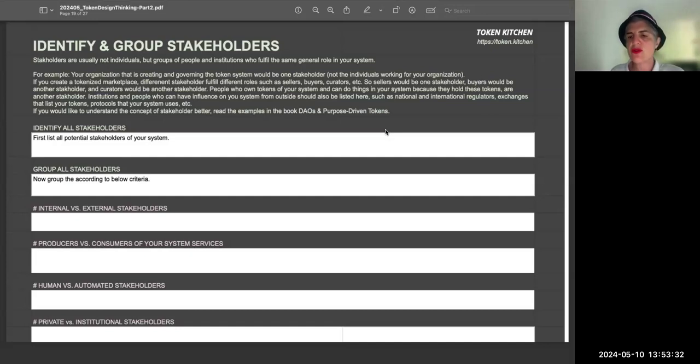And then you have the consumers of system services who consume the content of the content creators or the influencers. They're like the two sides of the marketplace that you're creating. The same would be true for a decentralized data exchange. You would have the data owners who are the producers of these system services, and then you have the people who want to buy data over a decentralized data exchange.